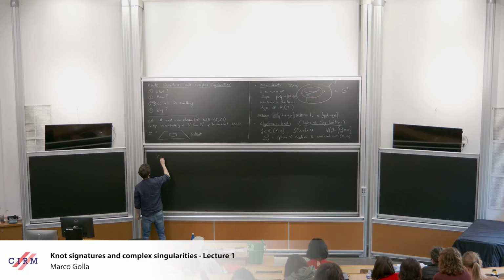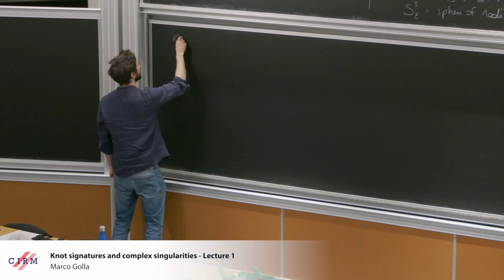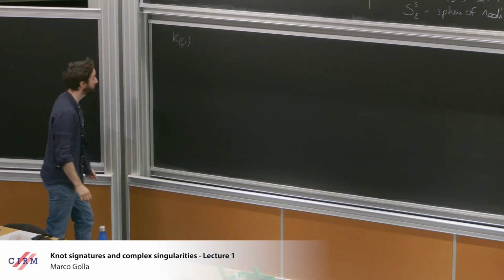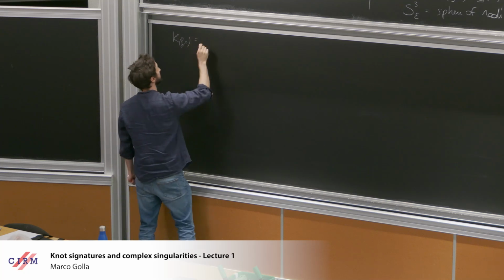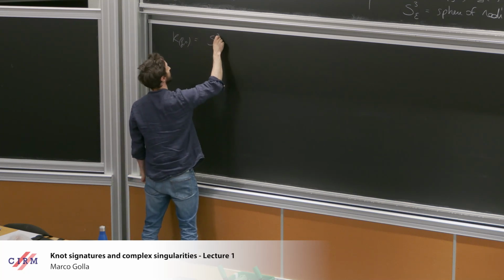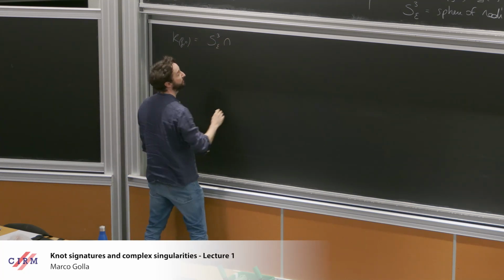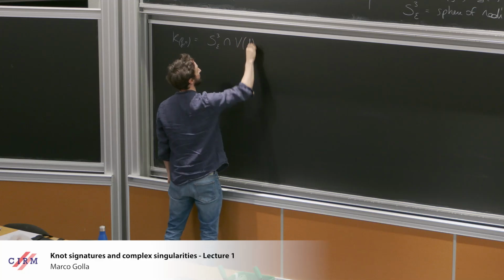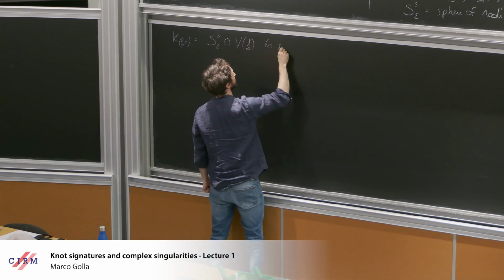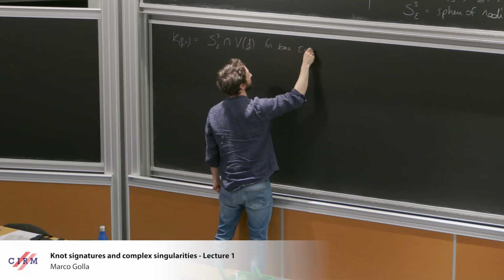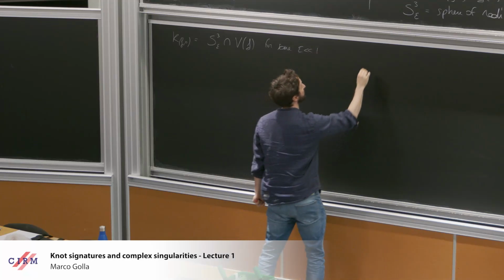So I'm going to use the notation K of f or K of f_0. This is the intersection of S3 of radius epsilon with V of f for some epsilon sufficiently small.